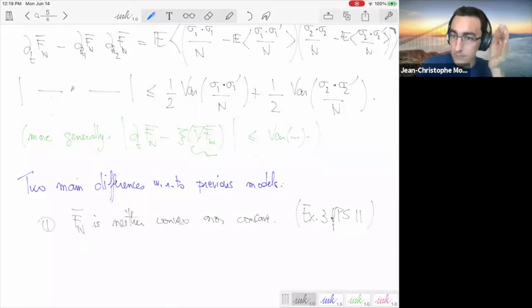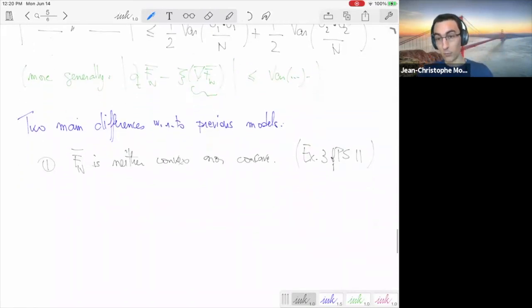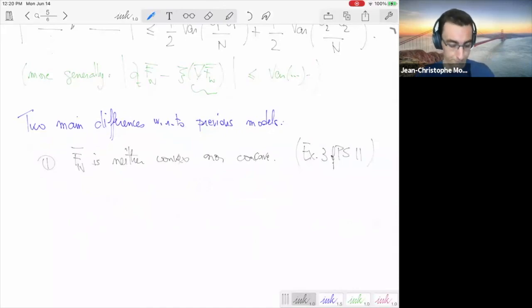And so in particular, our strategy based on the convex selection principle is not applicable, because these functions are neither convex nor concave. So our main tool, let's say, is broken. And the second problem is that, in fact, these variances that are on the right-hand side are not small.